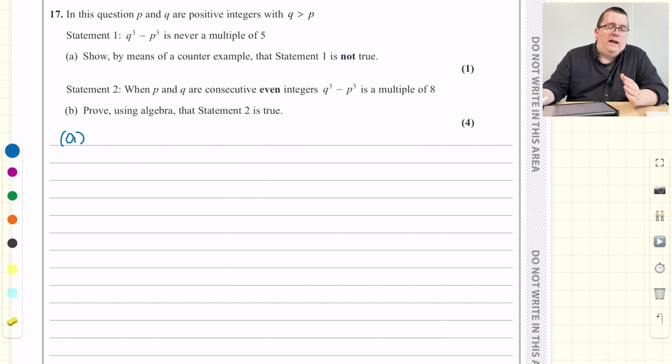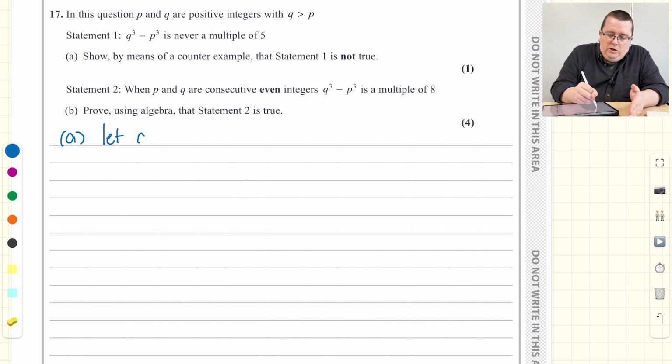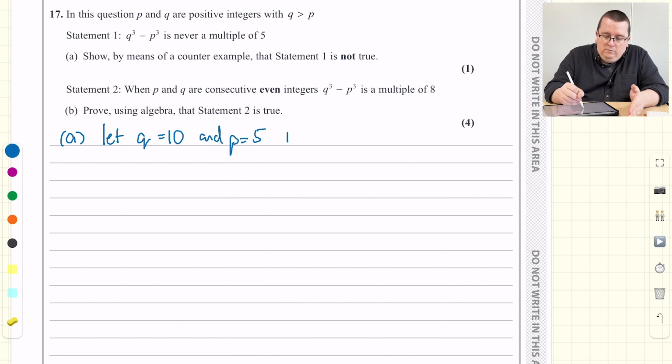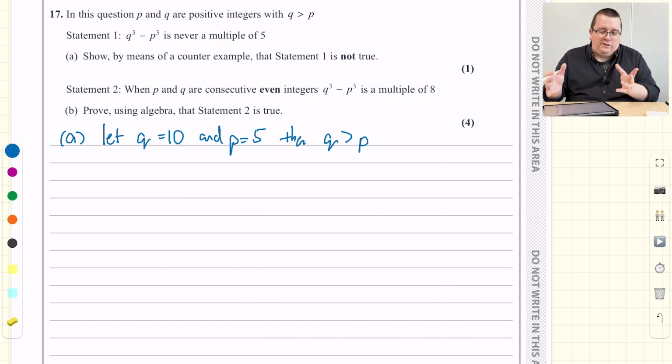So it makes sense in my head to choose two numbers that are both multiples of 5 already, right? So if we let q be 10 and p is 5, then q is clearly greater than p, right? So that's satisfied.